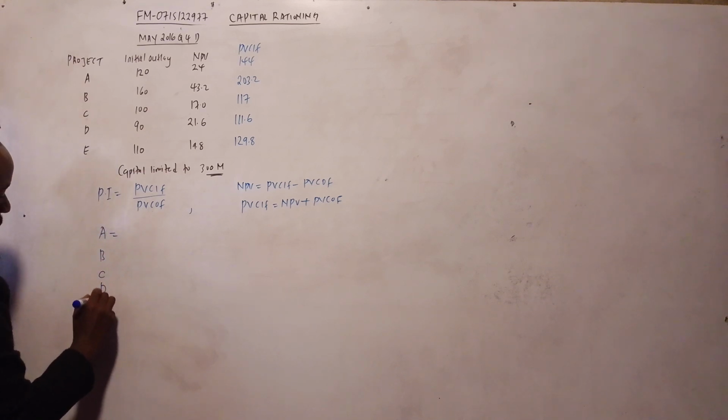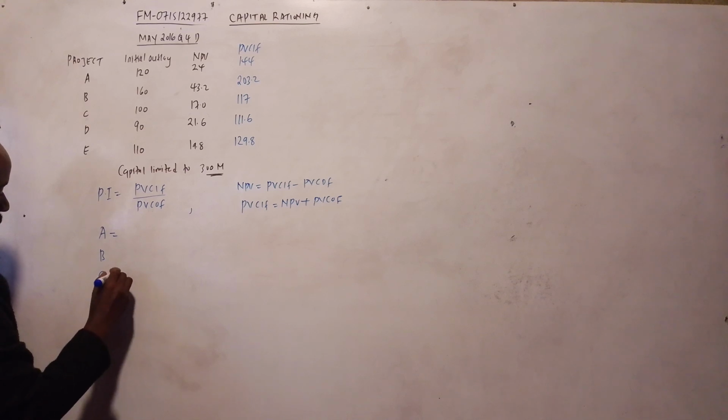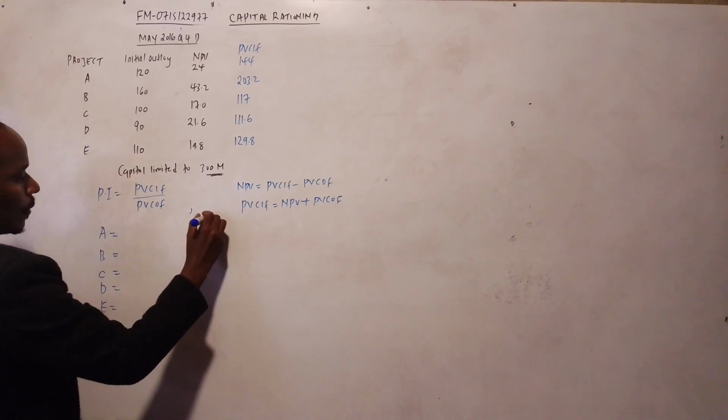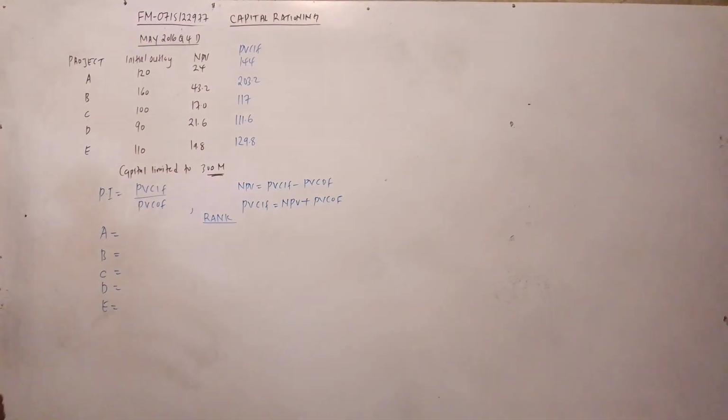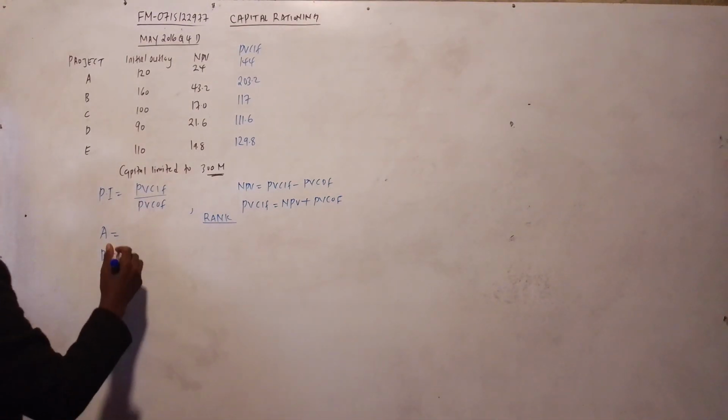Then we rank. So we start with A, it will be 144 divided by 120.